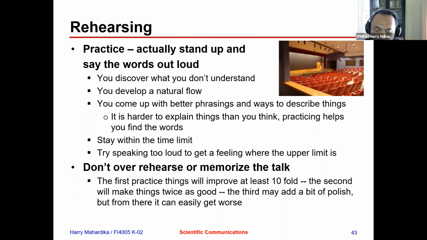For example, in your defense, make sure that your slides are organized properly so that you know what information you need to convey from slide 1 to the last, even though you're not memorizing it, but you know the main message of each slide. So for example, in the introduction part, you know what to mention about Maxwell's equation, and then Ohm's law, and so on, without the need to show the audience what Maxwell's law or Ohm's law is.